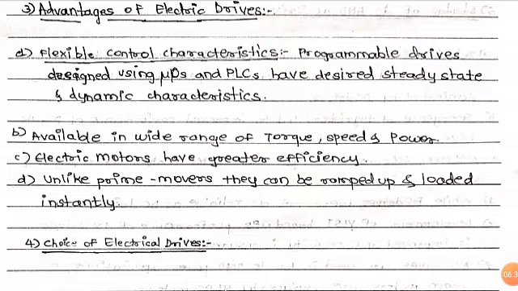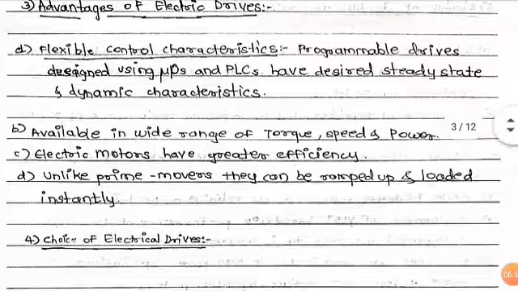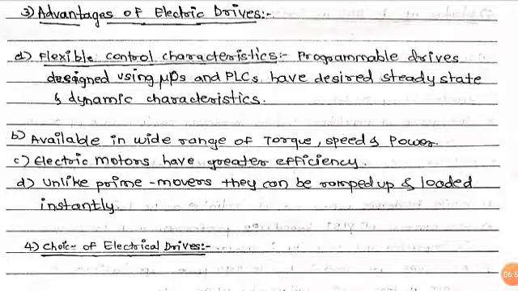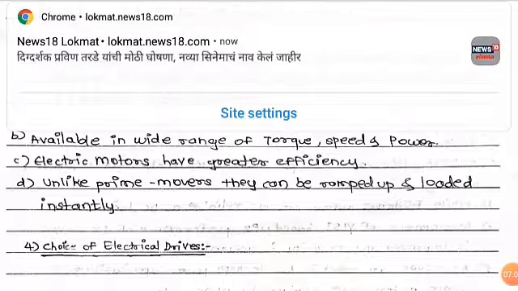Then the next one is, unlike prime movers, they can be ramped up and loaded instantly. Again, prime movers means the steam engines or like that. They cannot be loaded or even started instantly.